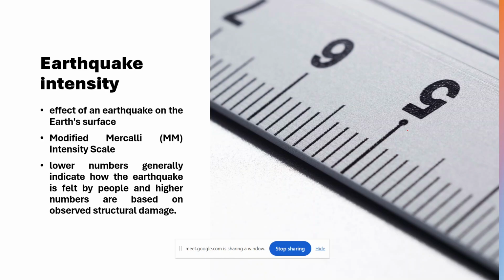So what they experience, like if they see a lot of trees falling or buildings collapsing, the extent of destruction, that is known as the intensity. So it's actually a qualitative way of talking about the earthquake.